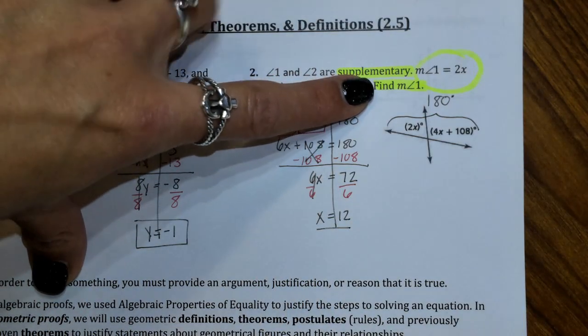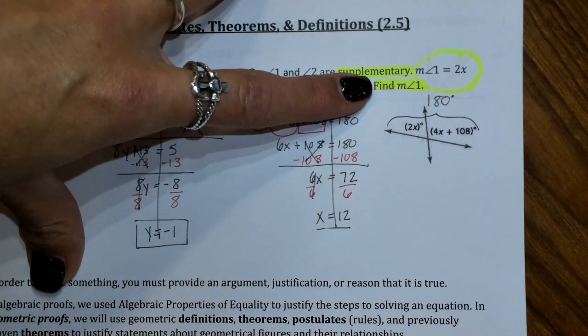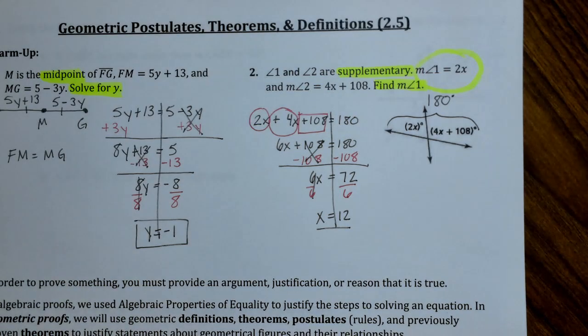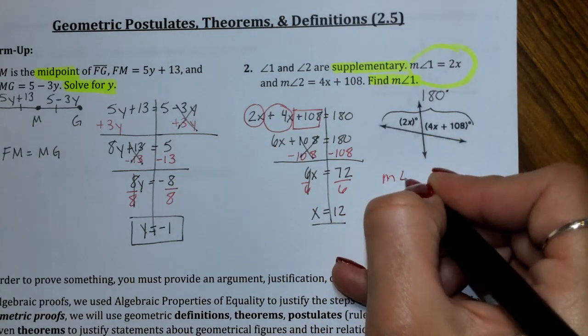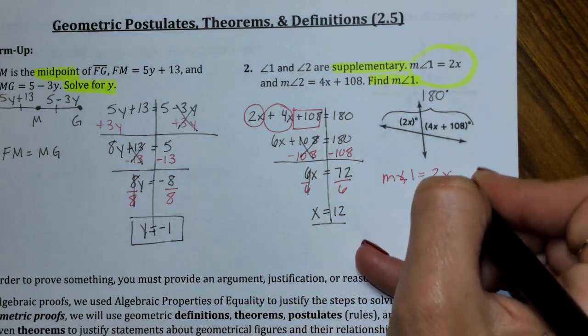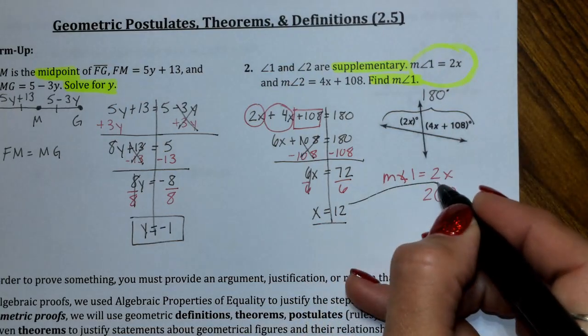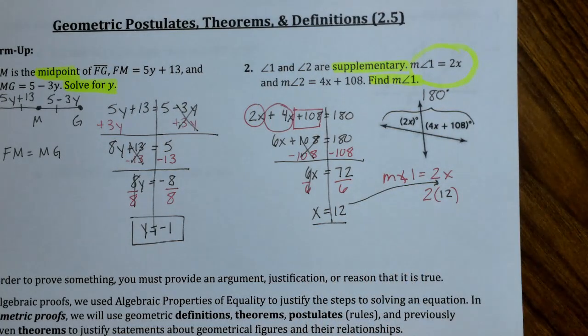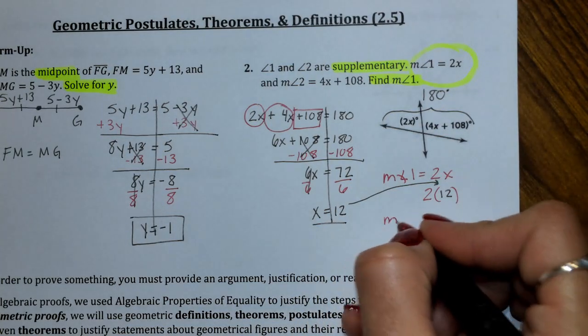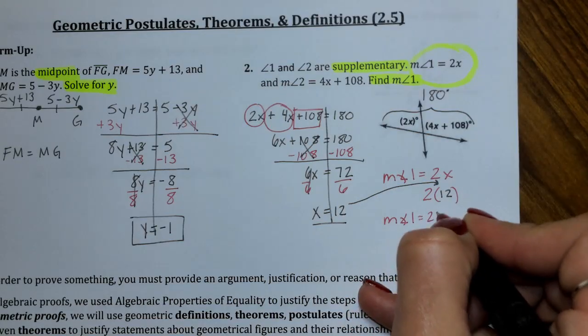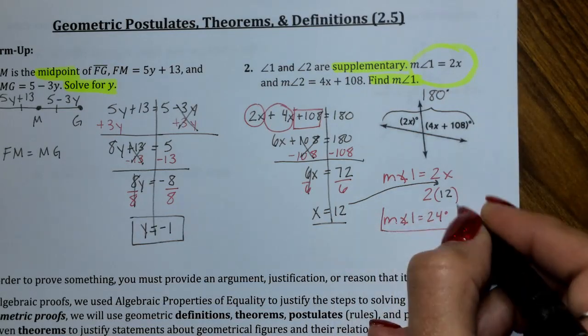At this point, we know the substitution property. So we're not going to say plug in anymore, we're going to say substitute in. The measure of angle 1 was 2x. We're going to remove x and plug in what x was to find out that the measurement of angle 1 is 24 degrees.